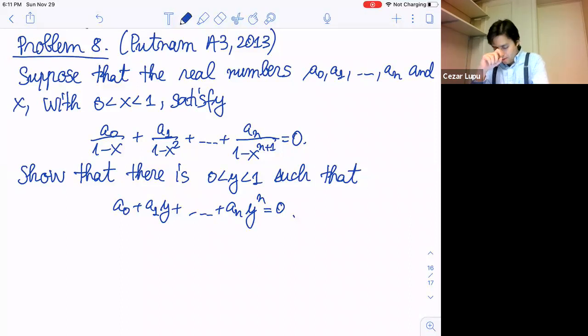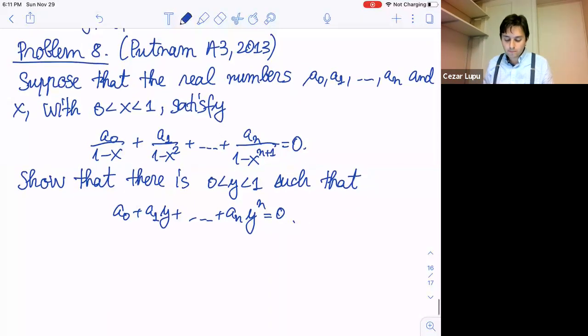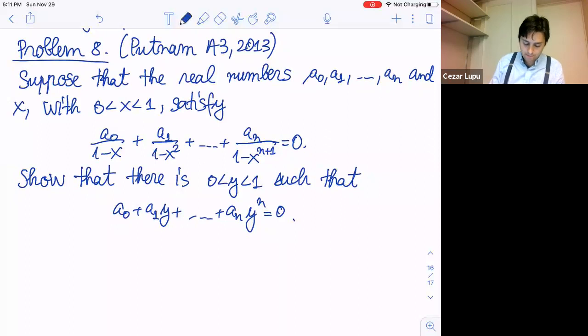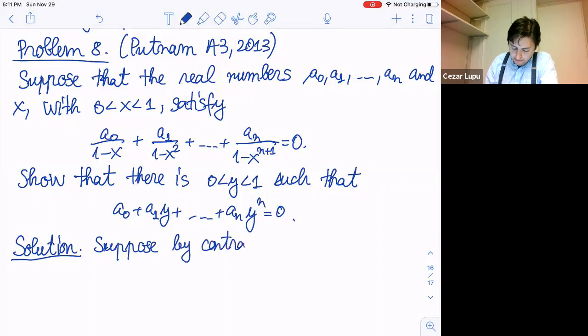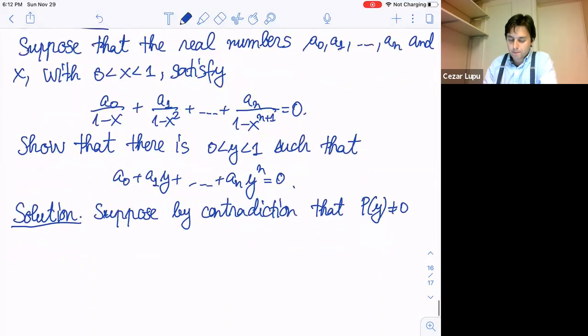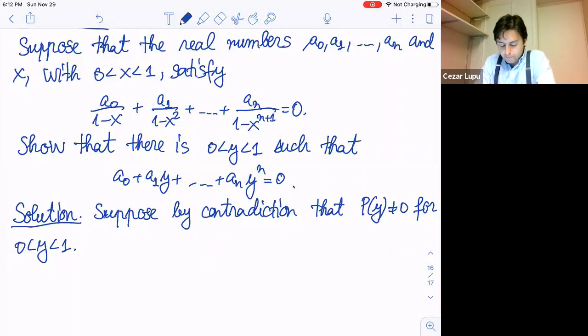Okay. Now, let's see. So let's suppose by contradiction that P of y is not 0 for y between 0 and 1.